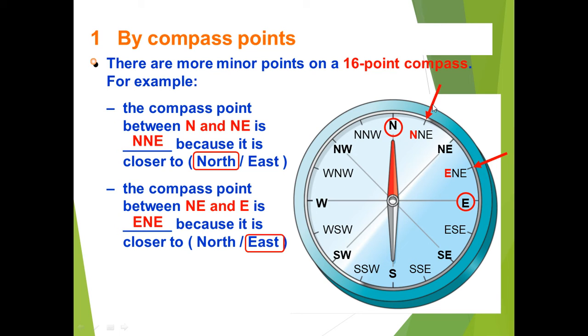That means this direction falls in the northeast region, but it is closer to the north. Or when it is closer to the east, we would put an E in front of the NE, so that would become ENE. So it means that the direction falls in the northeast region, but it is closer to the east side. So that would be the first type of expression of direction.